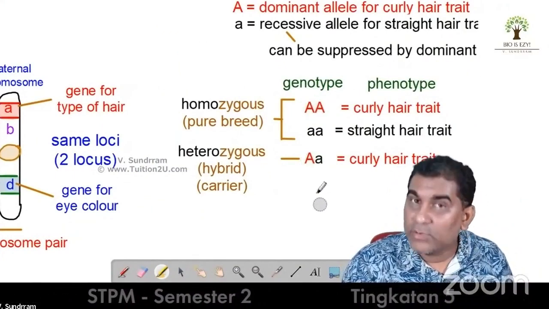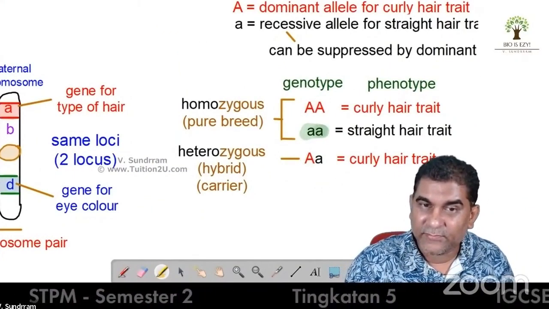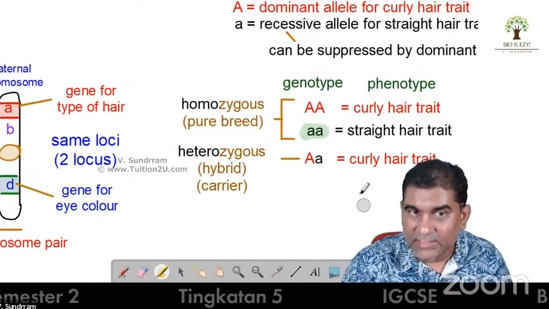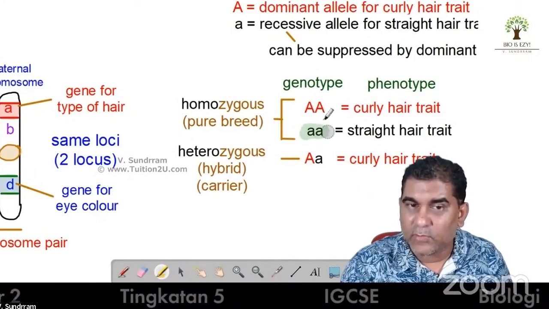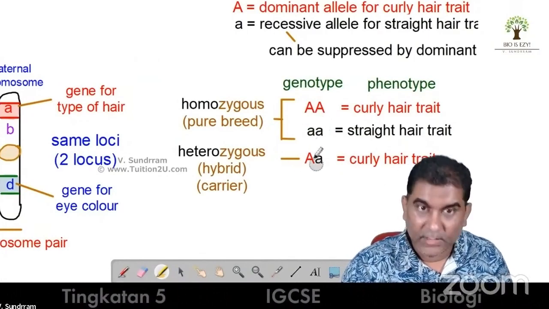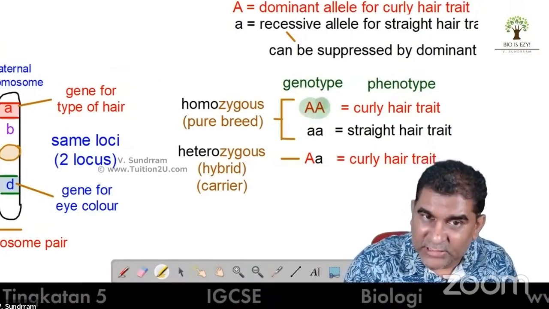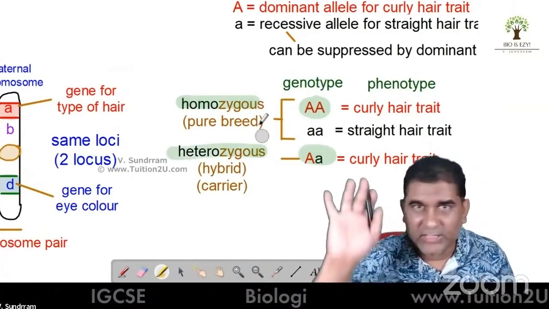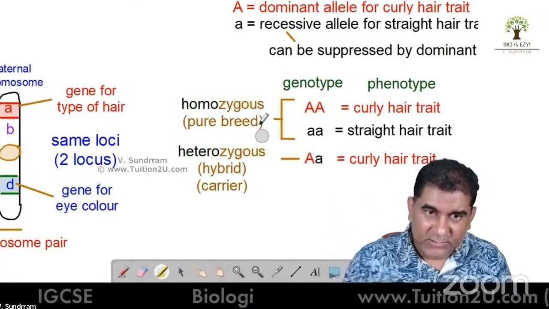Recessive allele only functions if it's homozygous. Dominant allele functions homozygous and heterozygous. Both, they function. That is what we have here.